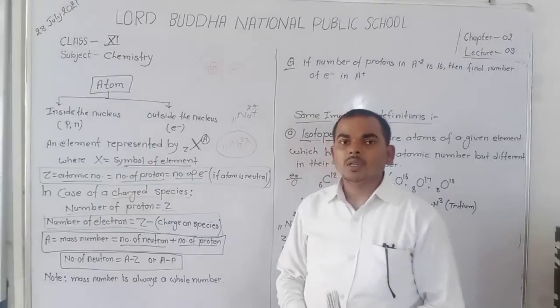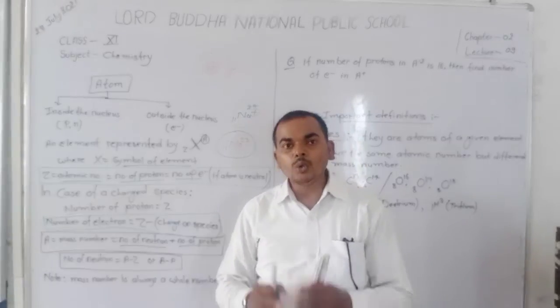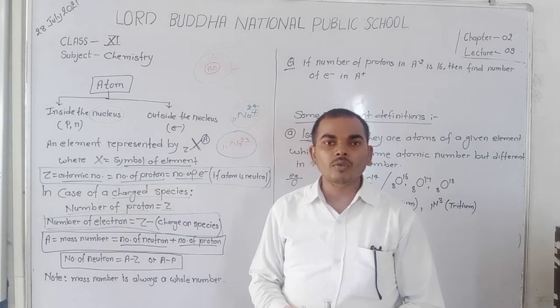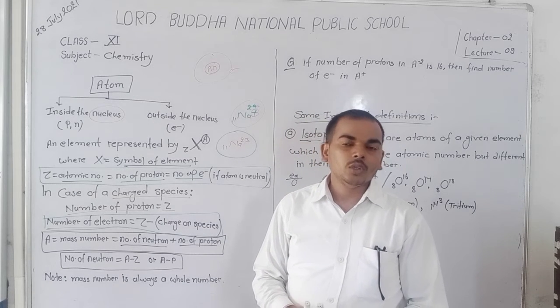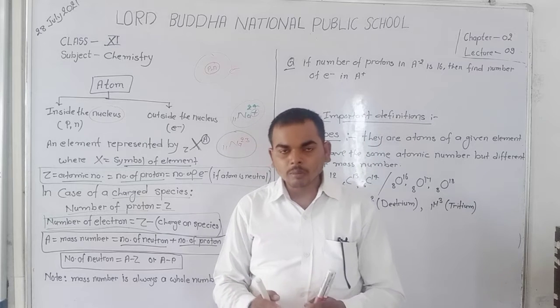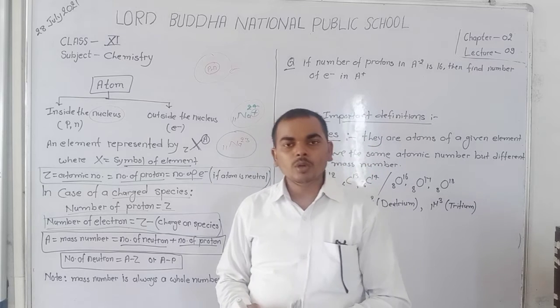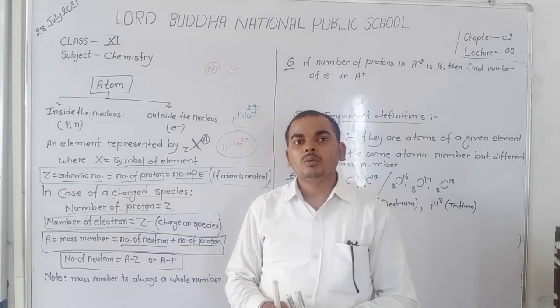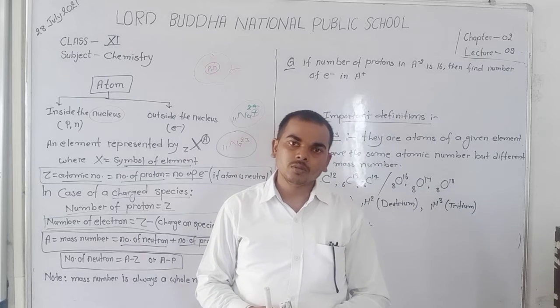The total number of protons and neutrons is also known as the number of nucleons. So mass number equals number of nucleons, that is protons plus neutrons.